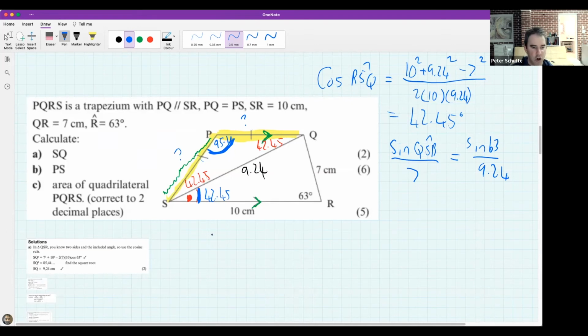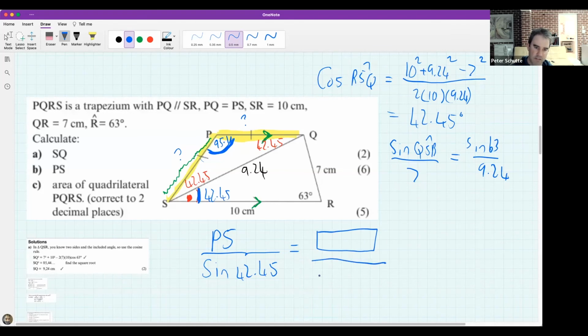And I'm going to start by writing PS over something. And I'm going to go, what's opposite side PS? And it's going to be the sine of 42.45. And then I want to know what is going to be on the other side. Maybe you can write it in the chat for me. What is going to be on the other side here?